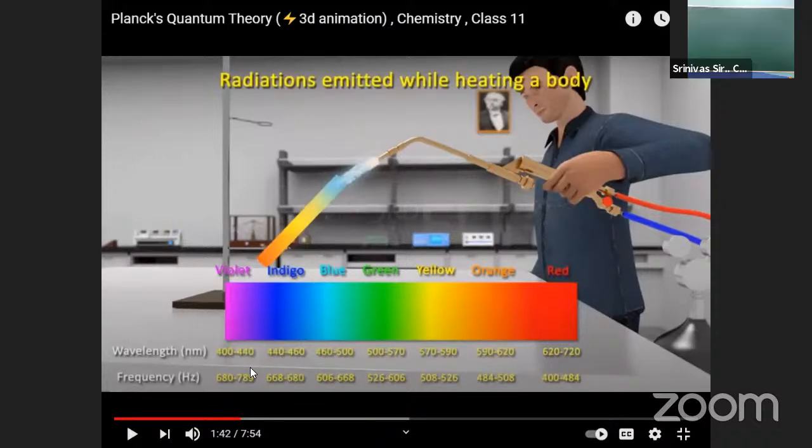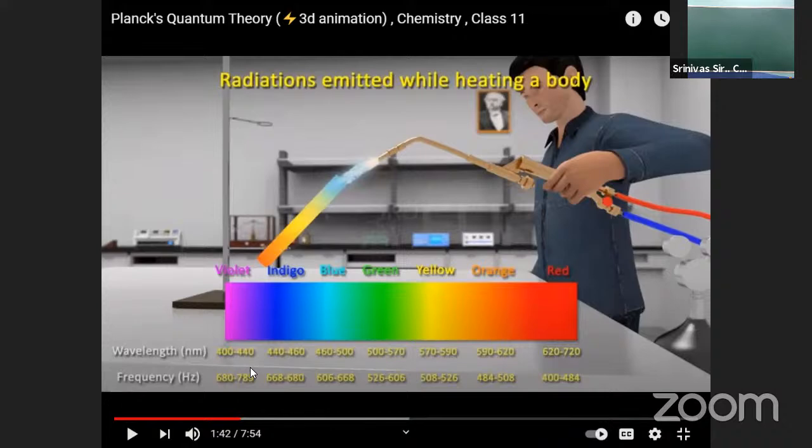Therefore, its frequency is also more for violet rather than red. But wavelength is quite the reverse, right? Because energy and wavelength are inversely proportional, like I showed yesterday in the derivation as well. So when you compare violet and red, the more energetic radiation is violet, whereas more wavelength is associated with red light.